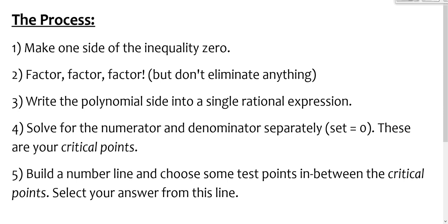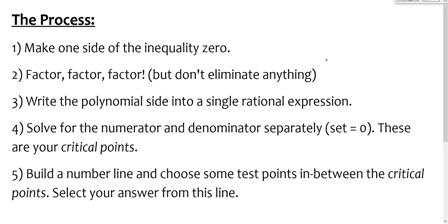We're going to substitute some arbitrary values back into the original, our greater than or less than zero inequality, to see if it creates a true statement or a false statement, and that's going to give us the region of the inequality that is satisfying the particular inequality that we're looking at.